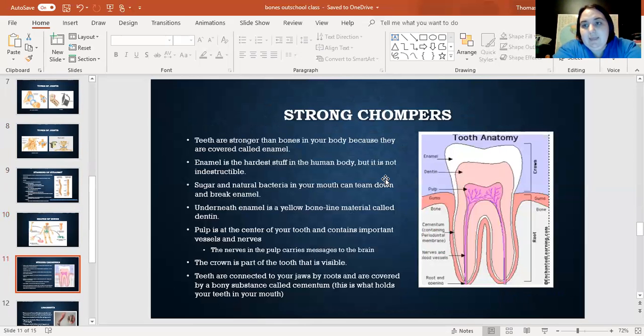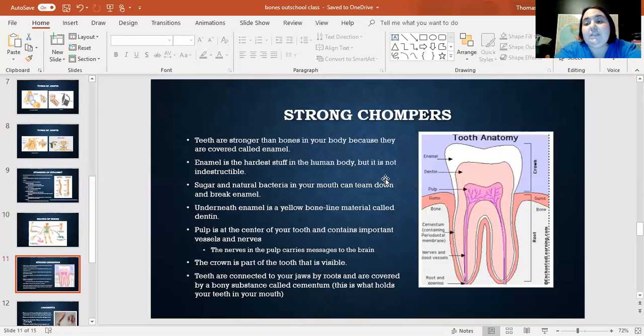Some people think that teeth are actually bones, but they're not. That is a common myth. Your bones are of a different material than your teeth. Your teeth are actually stronger than your bones. They're made out of a material called enamel, which is the strongest stuff in your body and is supposed to be indestructible. People think it can be indestructible, but obviously it's not, because we wouldn't have cavities if our enamel was indestructible.